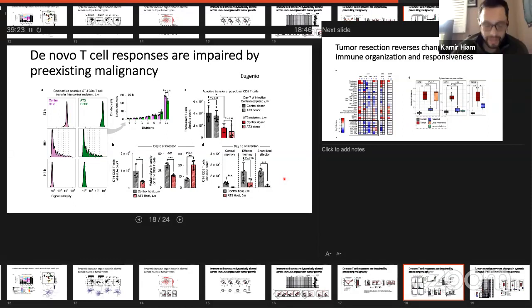But then if you look even deeper at the phenotype of those cells, Tbet is associated not only with CD4 differentiation, but also CD8 T cell differentiation and the acquisition of cytotoxic effector function. And there's less Tbet expression in those T cells that are trying to expand in the AT3 tumor burdened host.